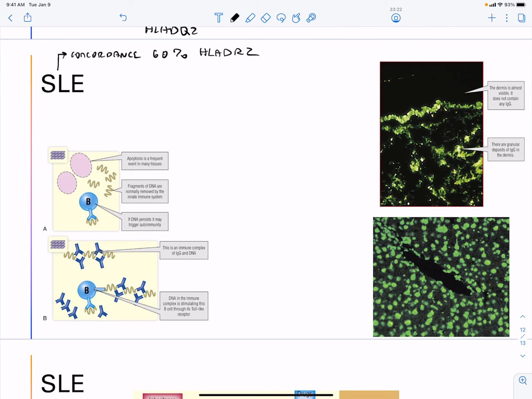And basically, one of the bigger ones is going to make anti-nuclear cytoplasmic antibodies, and then anti-DNA.